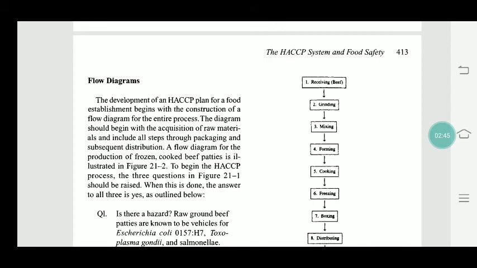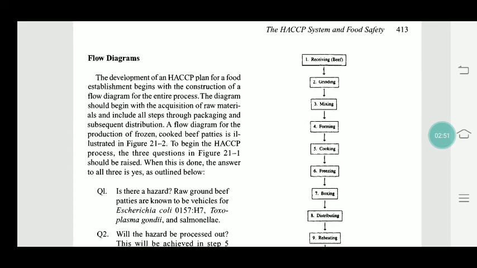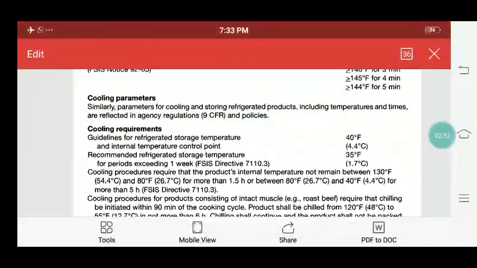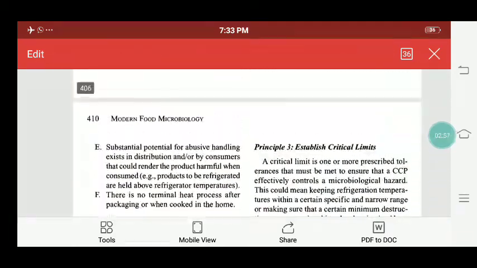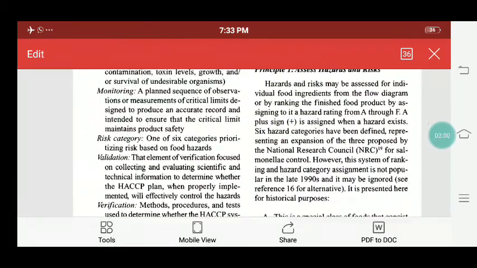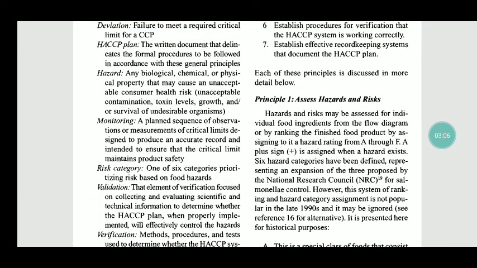Okay, so here the flow diagram about food processing is given. Now we are going to study the HACCP 7 principles. In turn we are going to learn all the basic forms of the principles.